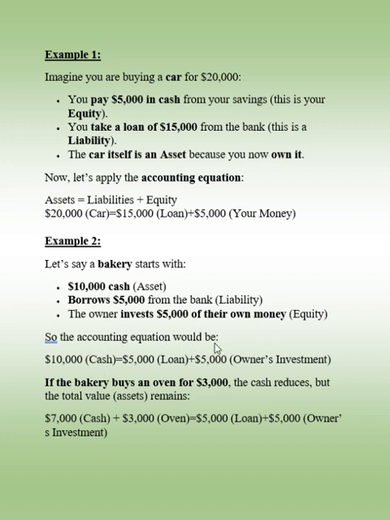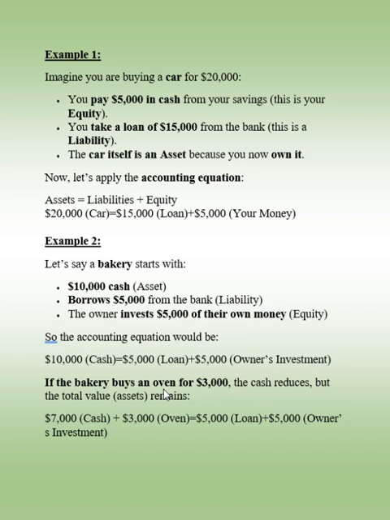So the accounting equation would be $10,000, your cash, it's your assets, equal $5,000 your loan, the liability, plus $5,000 the owner invested. So here is the equation: $10,000 cash, borrows $5,000, and the owner's equity is $5,000.